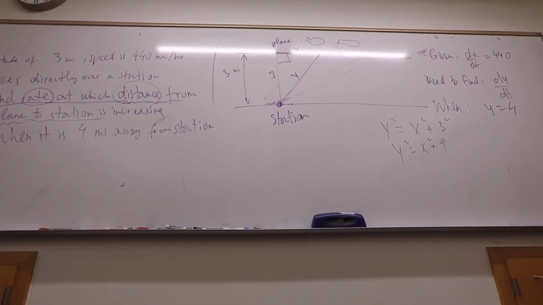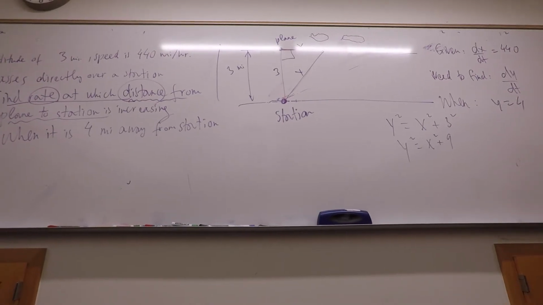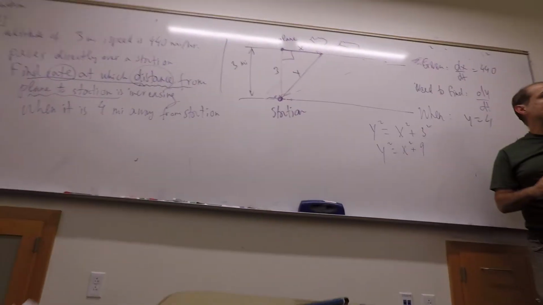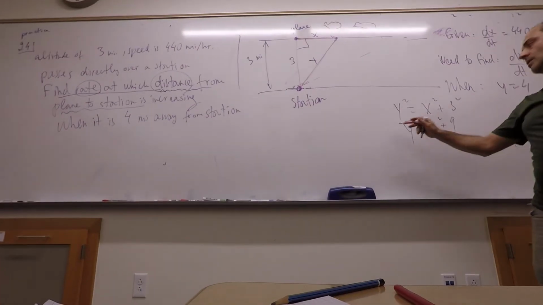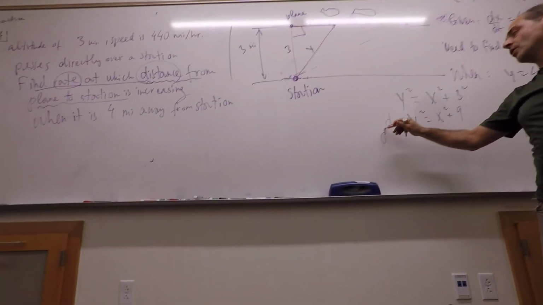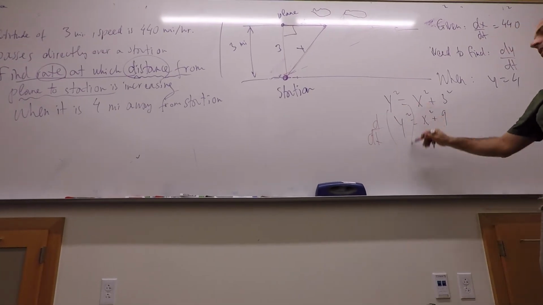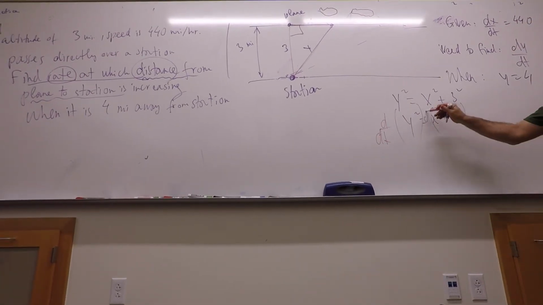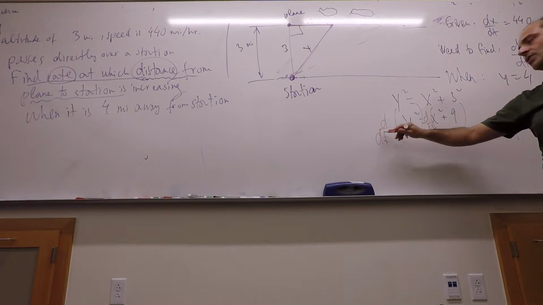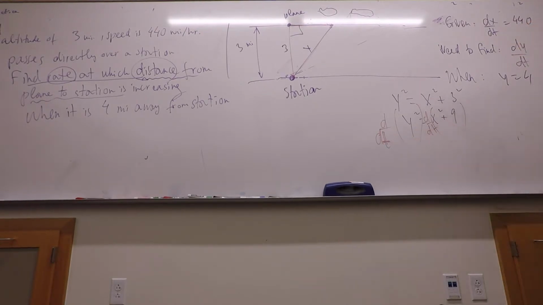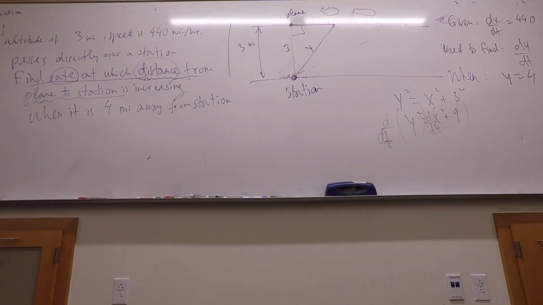Take the derivative. With respect to what variable? The t. The only variable is t. X and y are not variables; they are functions of t. They depend on t.